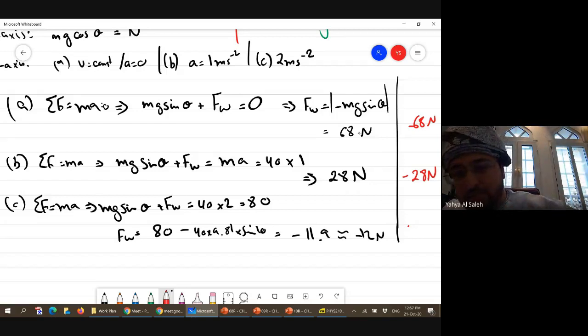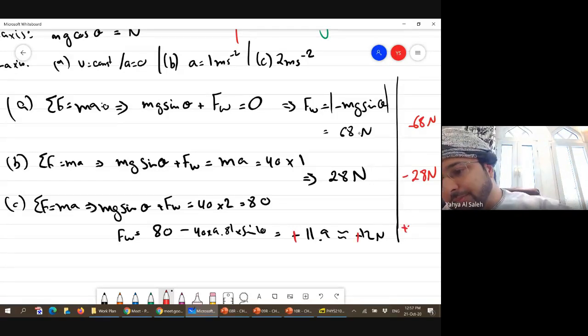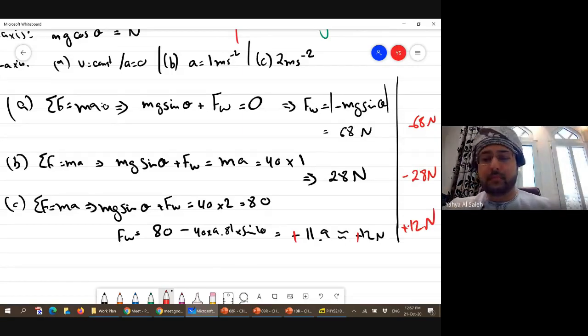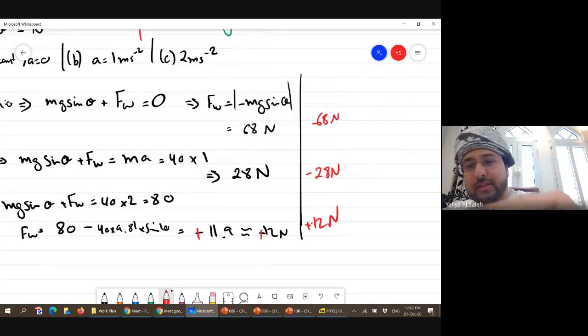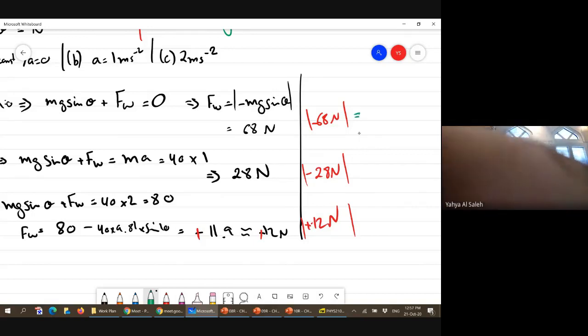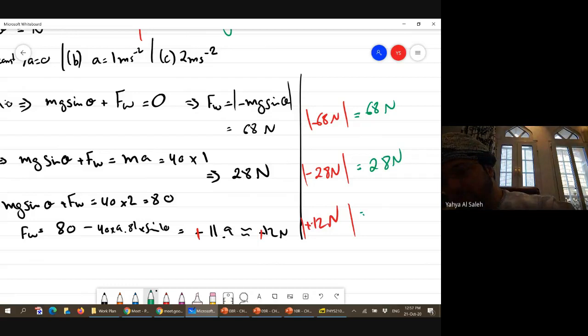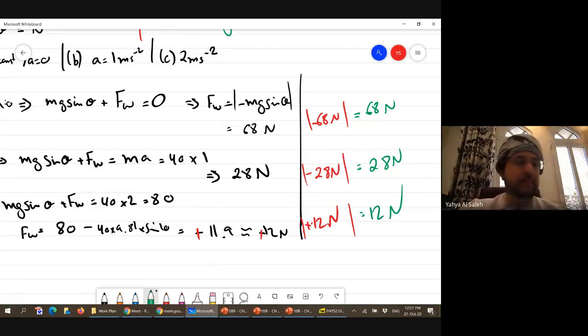Should be plus, not minus. Plus 12 newtons. And if I take only the absolute values, then I will get magnitudes of 68 newtons, 28 newtons, and 12 newtons.